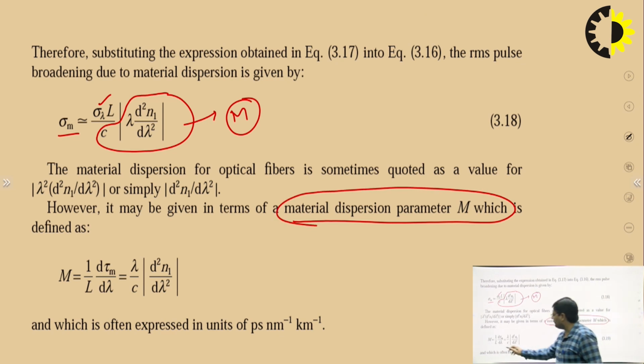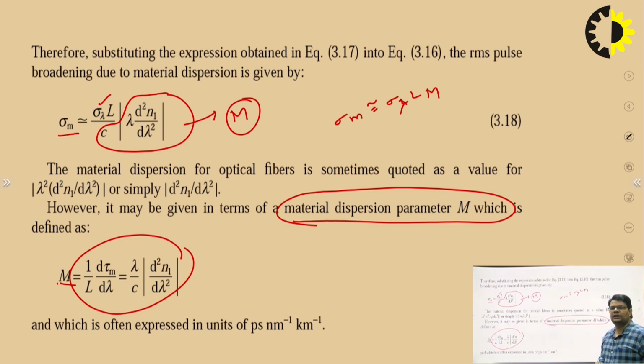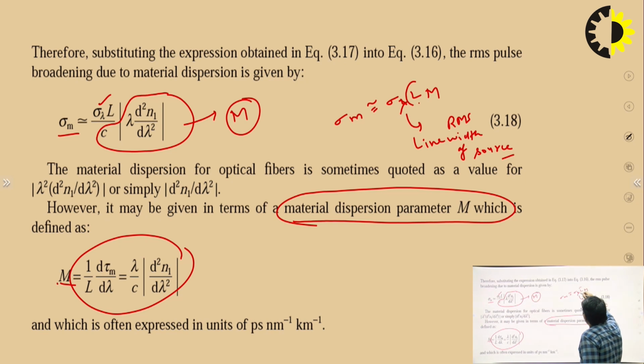So the material dispersion can be represented as sigma M nearly equal to sigma lambda L M. We can see that material dispersion, or intramodal dispersion, mainly depends upon the RMS line width of the source, the length of the fiber or distance covered, and the material dispersion parameter. Again, this is a non-zero term.